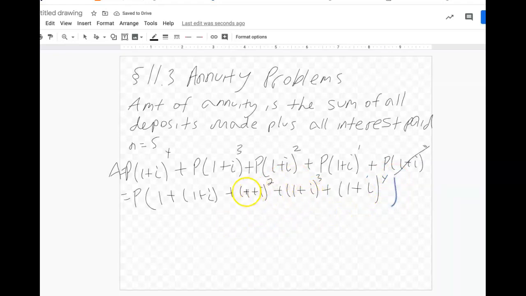And hopefully you recognize this as a finite geometric series with 5 terms.